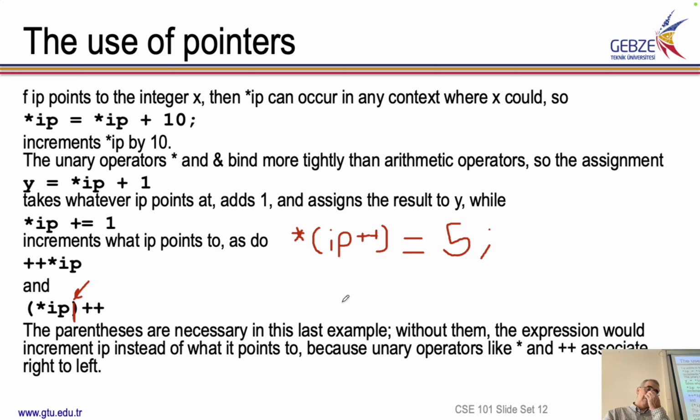For example, when we say IP is equal to Z, with int Z 10. So IP is equal to Z. When I say IP plus plus 5, that means it is equal to saying Z what?